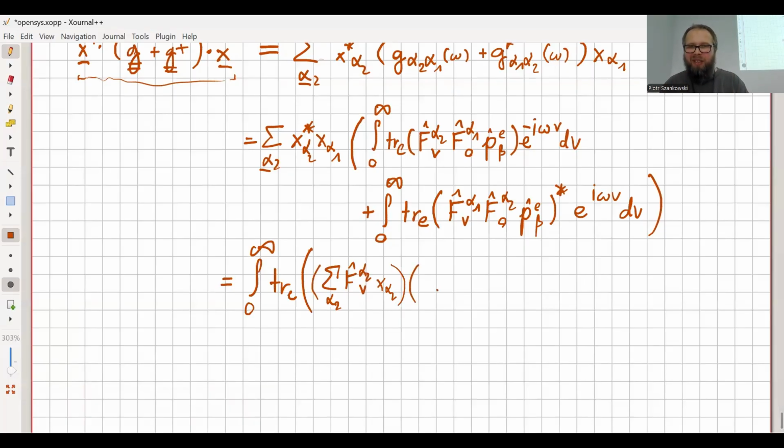And the same thing with the other sum. Star. So star, alpha 1, x alpha 1, f alpha 1 of 0, rho beta.